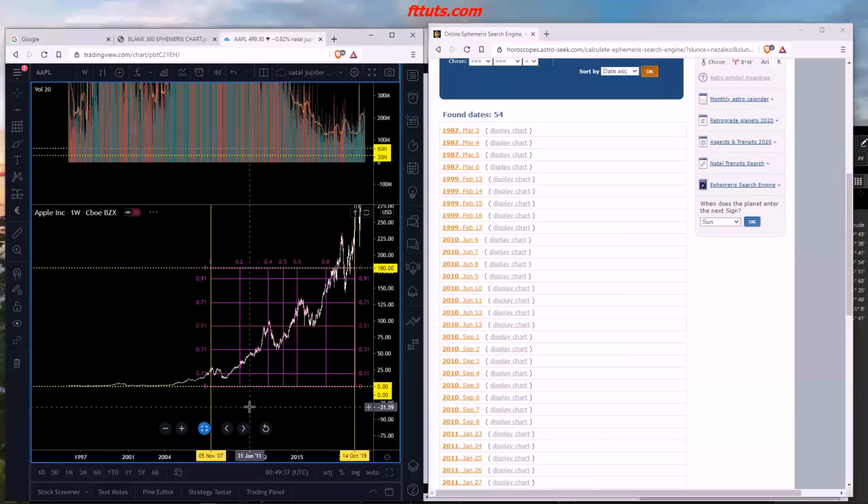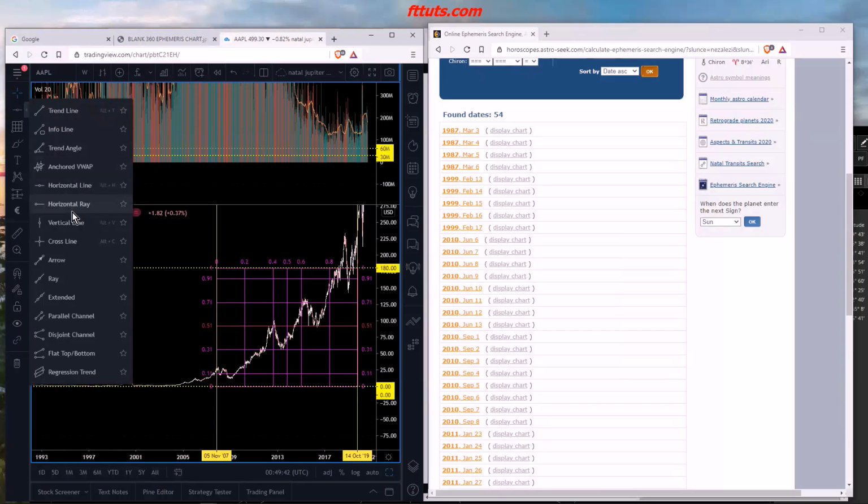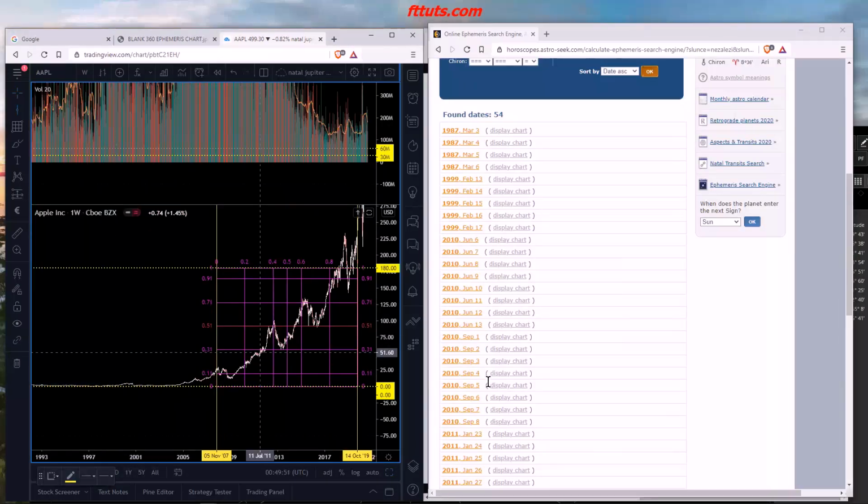So if we go back here, we set our horizontal line, vertical line. Where's my vertical line? There we go. My vertical line to pull this last date in 1999, February 17th.